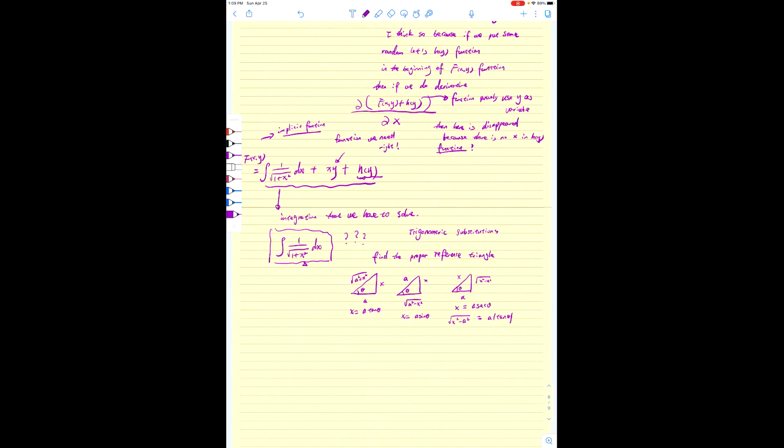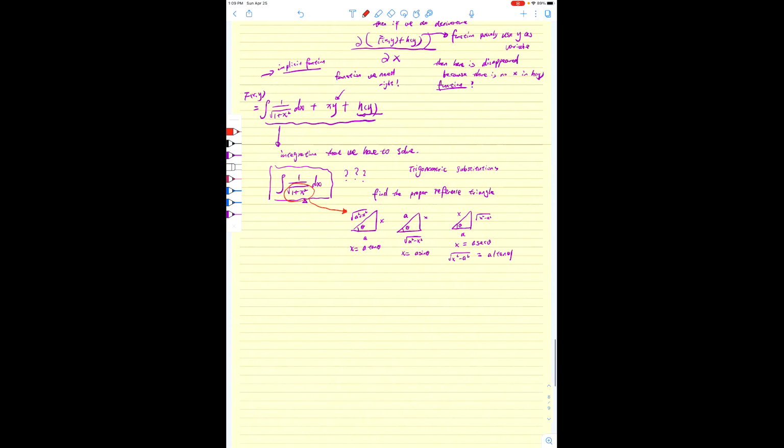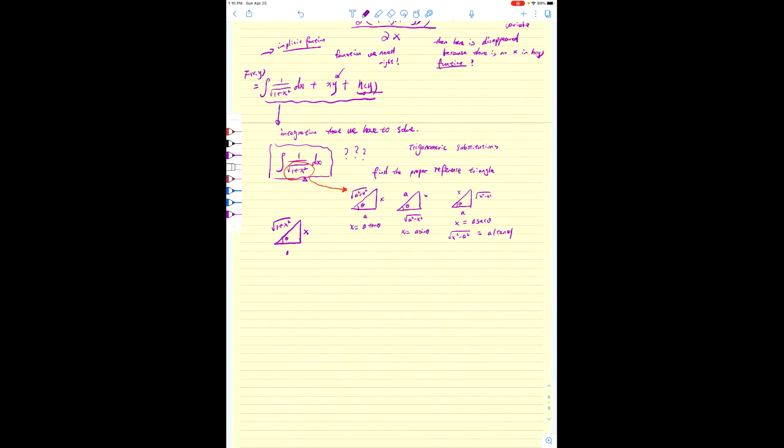Okay, then which one do we think is appropriate? I'm going to look at the expression underneath, which is here, and they all look similar. Maybe I can use that. Okay, then we have an angle theta, and we have 1, which replaces the a here. We have x, and we have the square root of 1 plus x squared.